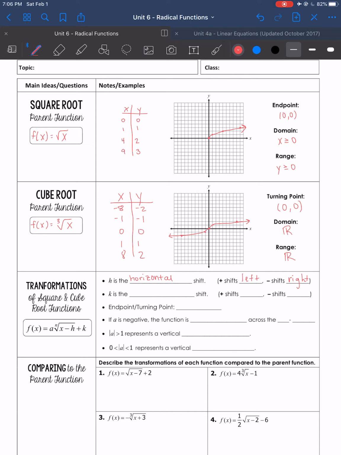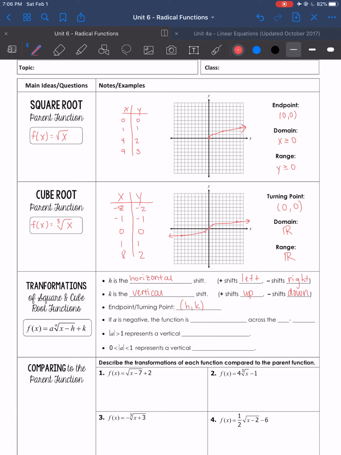K is going to be our vertical shift. Plus is going to be up, and negative is going to be down. Endpoint or turning point will be your h, k, which in other things has been your vertex.